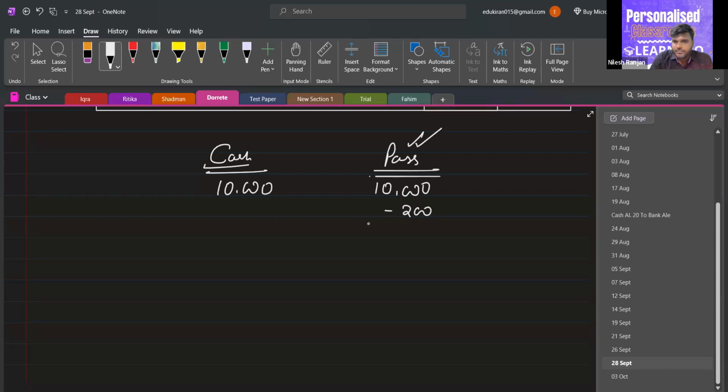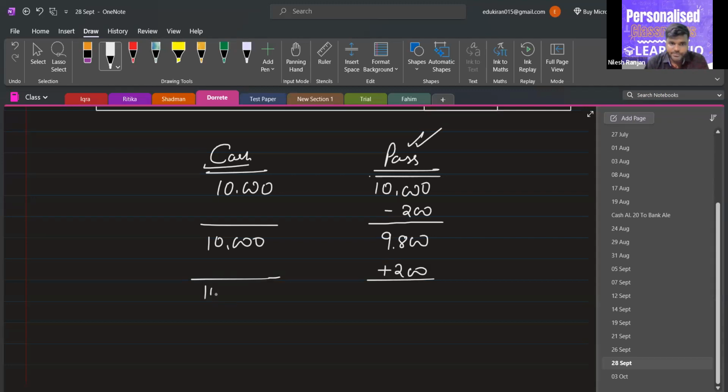So it has become 9,800. But the cash book balance remains the same. Now, if the cash book remains the same, then what should we do here? Plus 200, so that it will become equal to the cash book. So it will become 10,000. This is the simple solution.